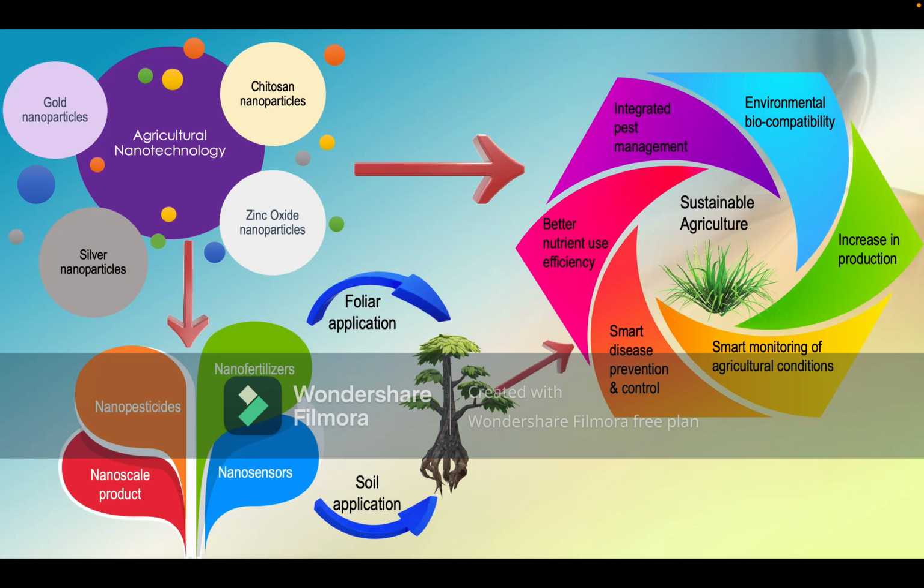In agriculture nanotechnology, gold, chitosan, silver, zinc oxide nanoparticle can be used as nanopesticides, nanofertilizer, nanoscale product, and nanobiosensors. As pesticides, nanoparticle can be used as foliar spray, soil application, seed treatment, which may help in sustainable agriculture in many ways.